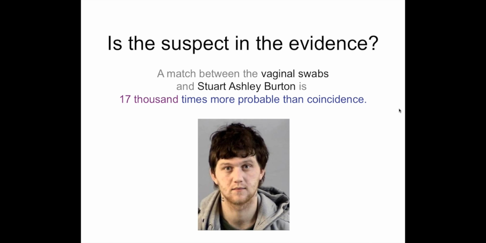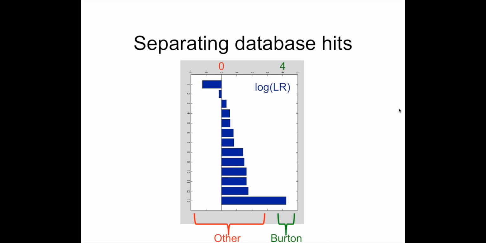Now I'd like to turn to what happened with the database hits, because this has fairly general relevance for crime labs. So there were 13 hits, and I've shown them in sorted order. Left to right is the log likelihood ratio. I've indicated where 0 is in red and 4, or a statistic of 10,000, across the top.